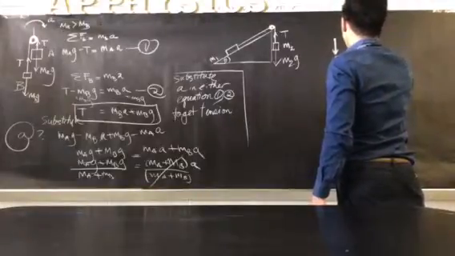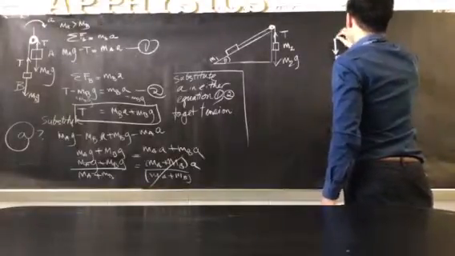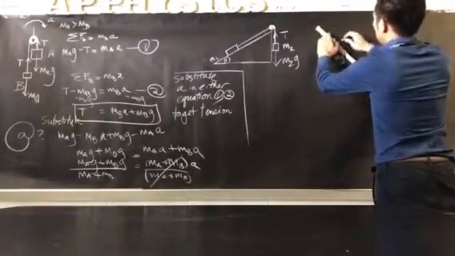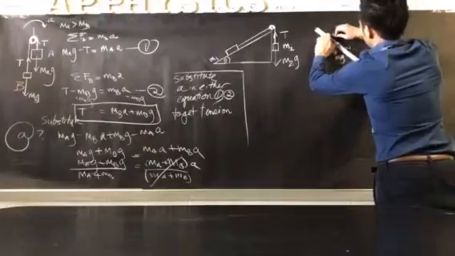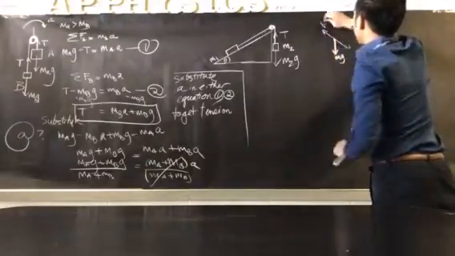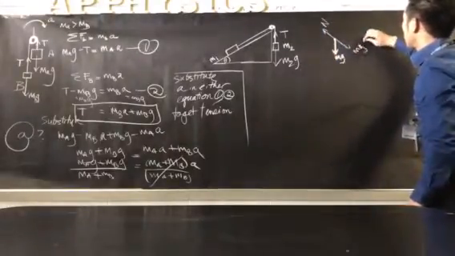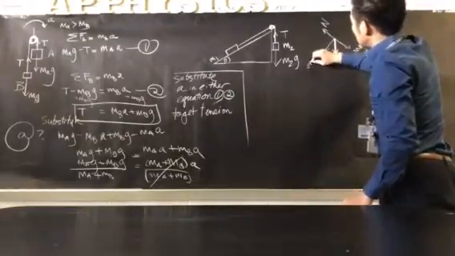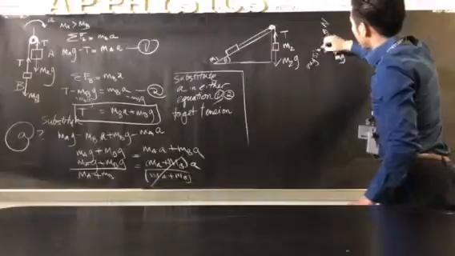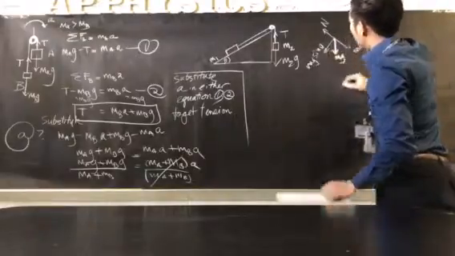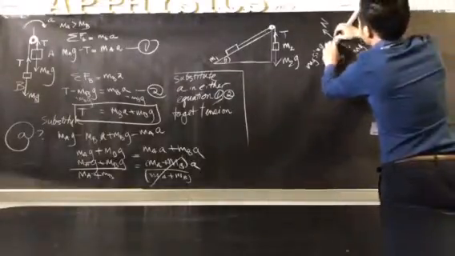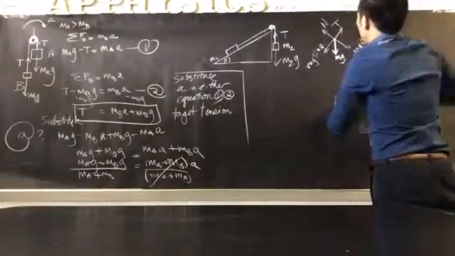M1g needs to be split into x and y components. So that will be the normal force. This will be mg cosine angle, and this will be mg sine angle also. Since the box is moving upwards, there is another force of tension there.